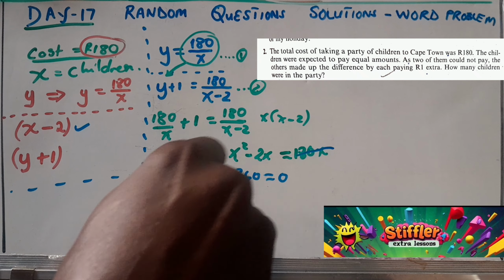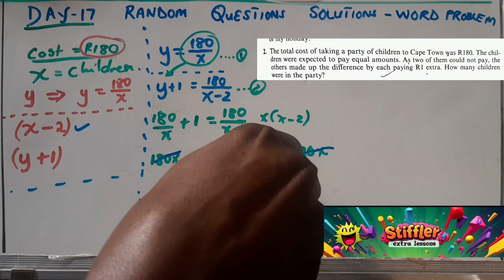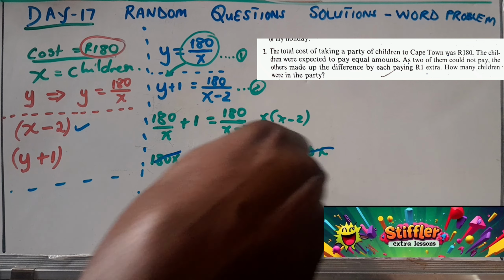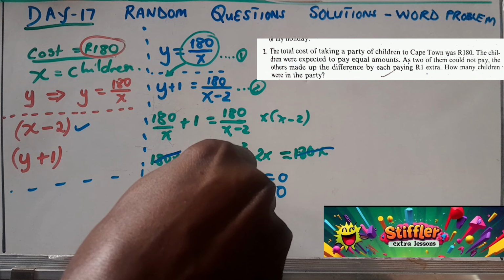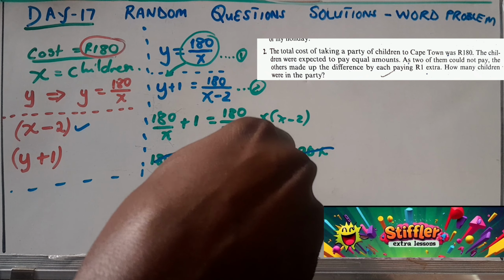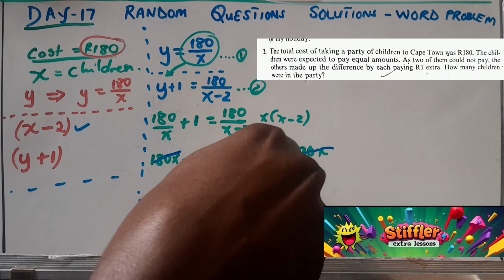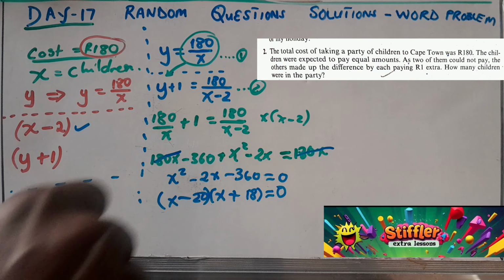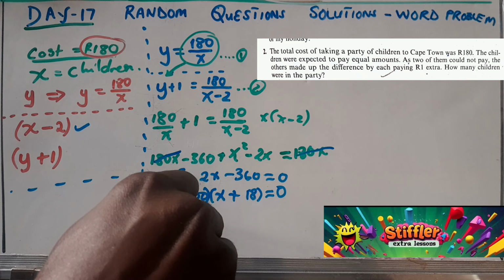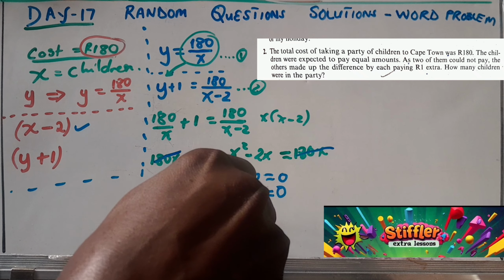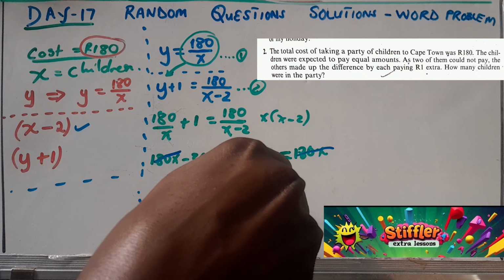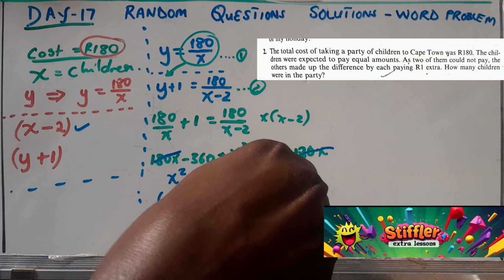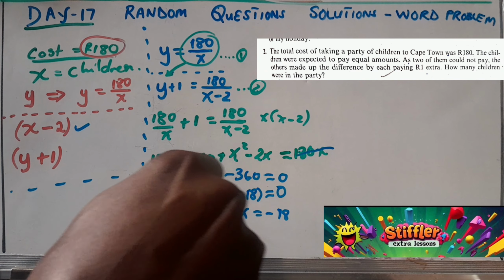And now we can factorize nicely, and the factors of this should be 18 and 20, right? So x is equal to 20, or x will be equal to negative 18.